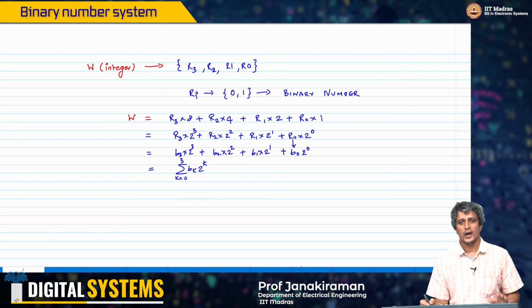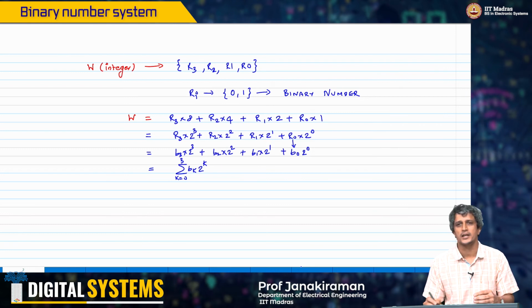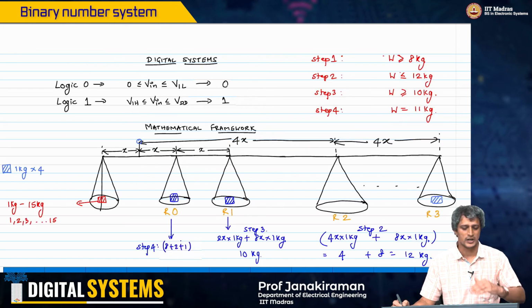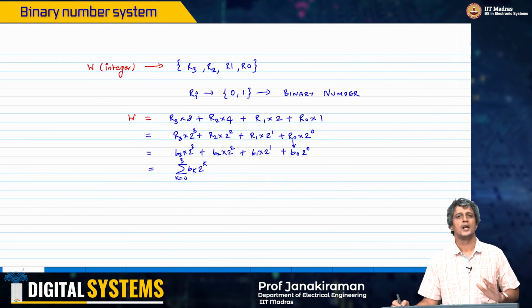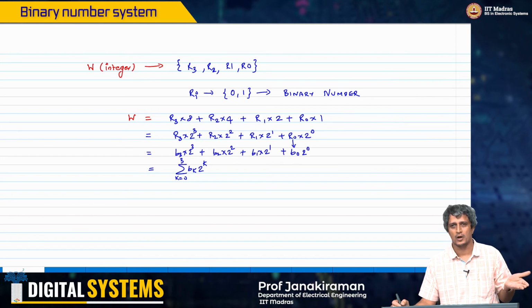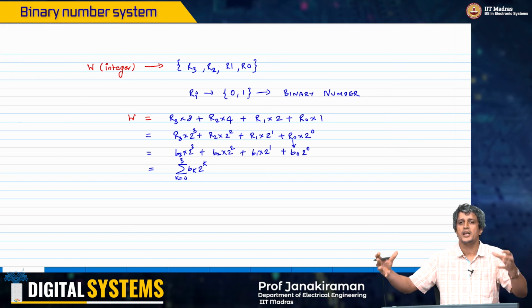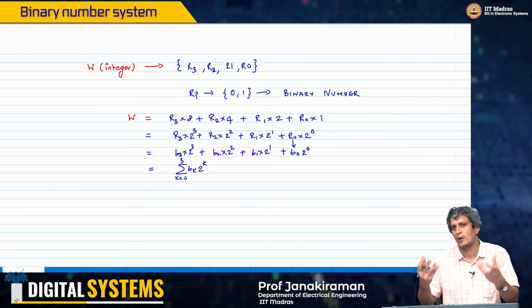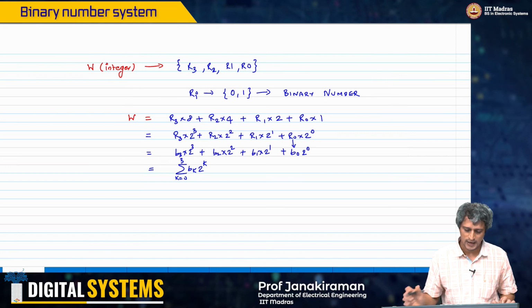So effectively any integer, if you follow this algorithm of placing the weight on the right extreme, and if it is heavier you remove the weight, if it is lighter you add another weight, and so on, if you continue doing this, you can represent any integer on the left hand side of the balance with 4 binary bits on the right hand side, which are a combination of these 1 kg weights.